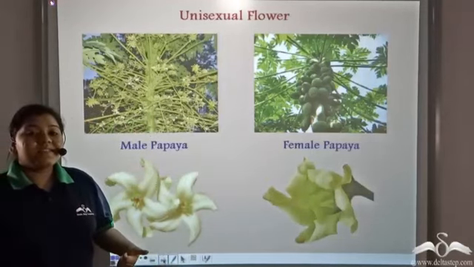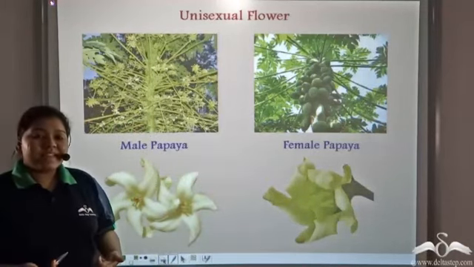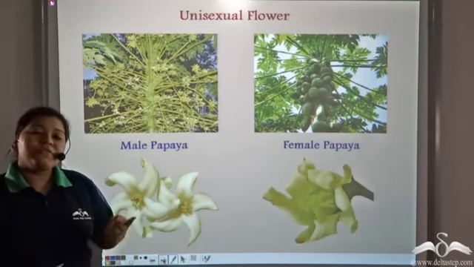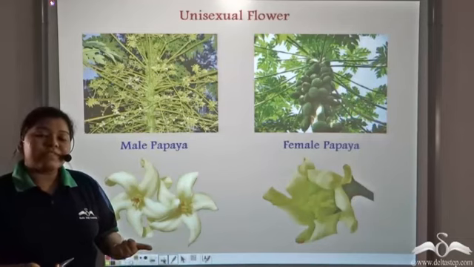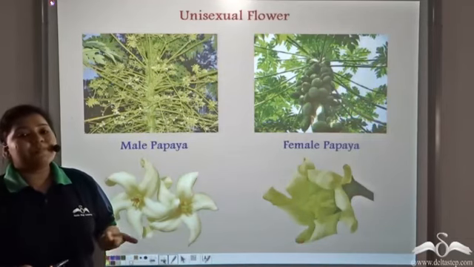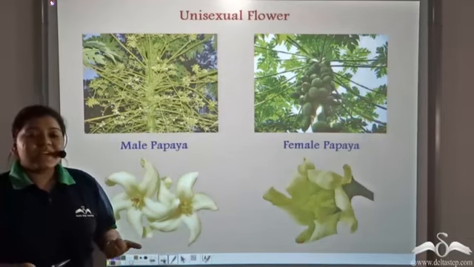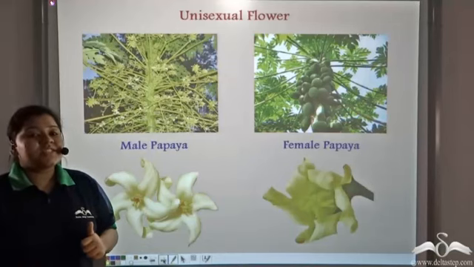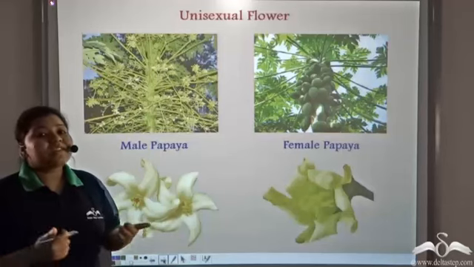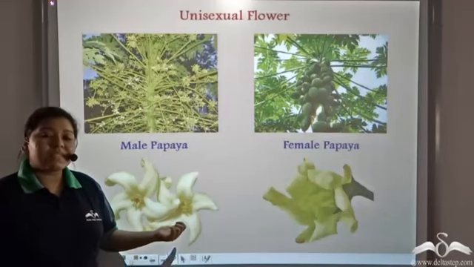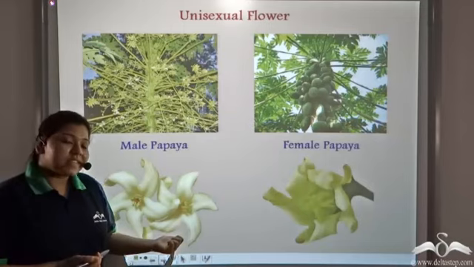Since these flowers are unisexual, that is, they have only one reproductive part, either the male reproductive part or the female reproductive part, that is why self-pollination is not possible in these flowers. So what kind of pollination takes place over here? Let us see.